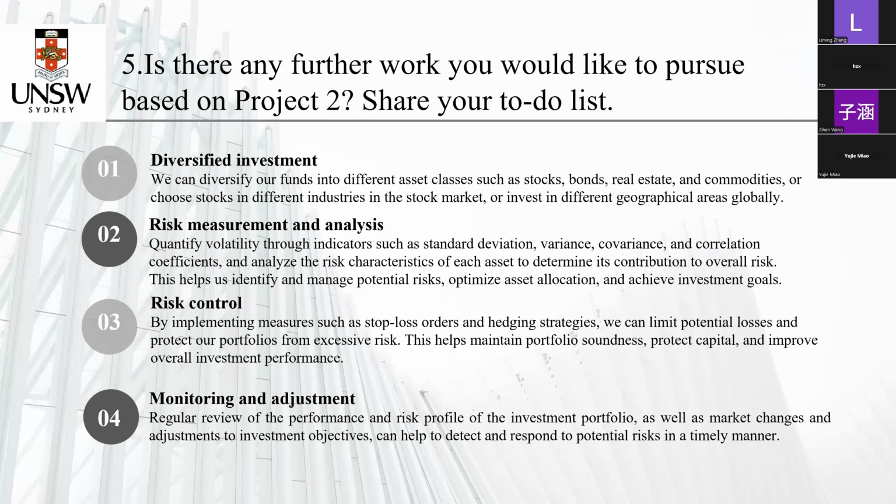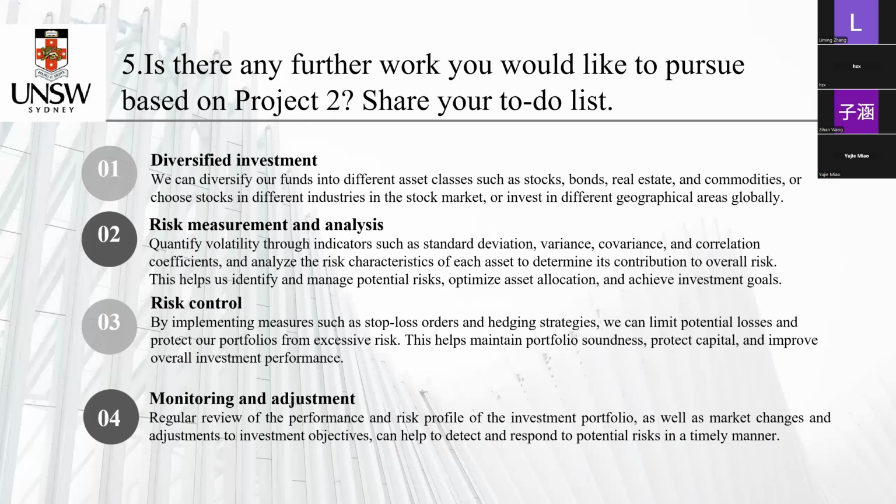We can diversify our funds into different asset classes, such as stocks, bonds, real estate, and commodities, or choose stocks in different industries in the stock market, or invest in different geographical areas globally. This way, even if one asset class or industry is adversely affected, the rest of the portfolio still provides a level of protection, reducing overall risk.